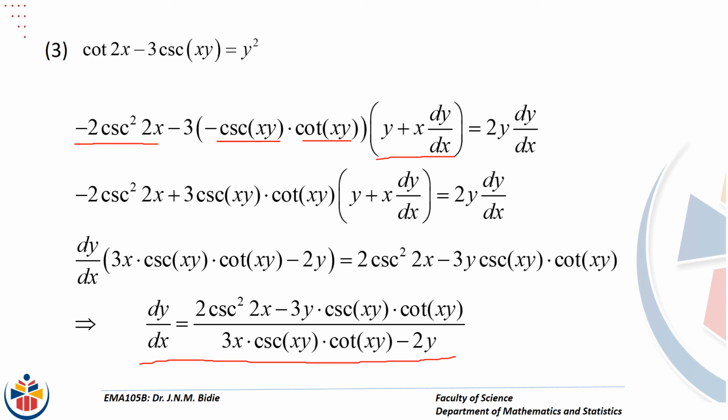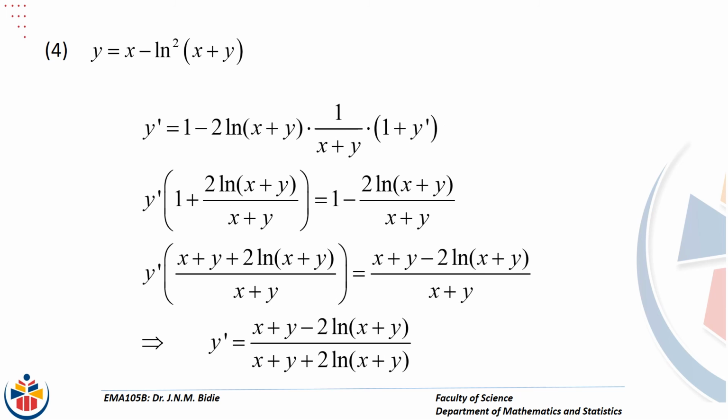Number 4, we're given y equal to x ln squared of x plus y. Take the derivative of each term as usual. Left hand side is y prime. Right hand side we have 1 minus, once again, chain rule.